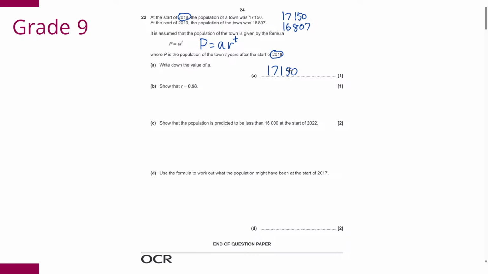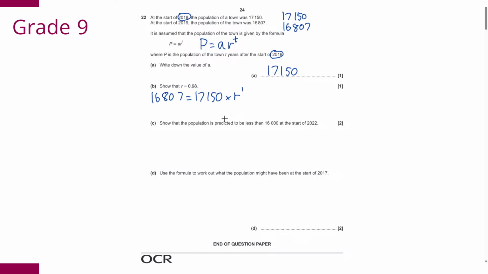Show that R is 0.98. Right. So what is it going to be for 2019? Well, T is going to be 1. So we've got P equals A, which we know is 17,150, times R to the power of 1, or just R. Now we know that the population is 16,807.